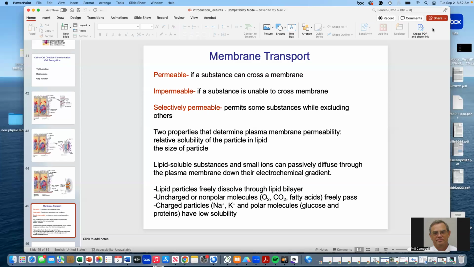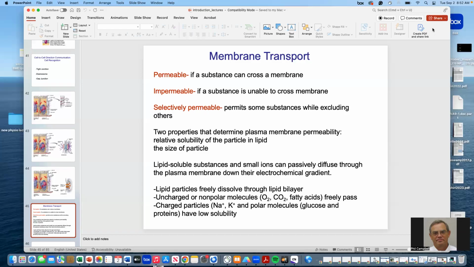Now, what are examples? Basically, anything that is fat or lipid based can just pass by, again as a function of size. The bigger the molecule, the harder it is. Things that are nonpolar, like oxygen, CO2, and fatty acids, can freely cross the phospholipid bilayer.